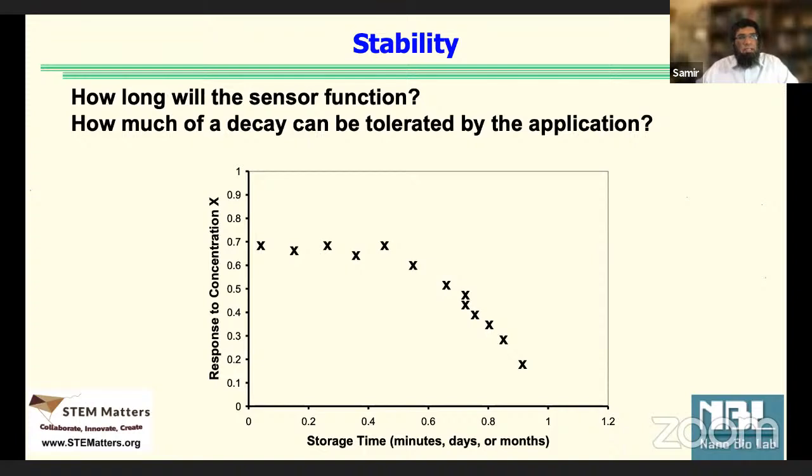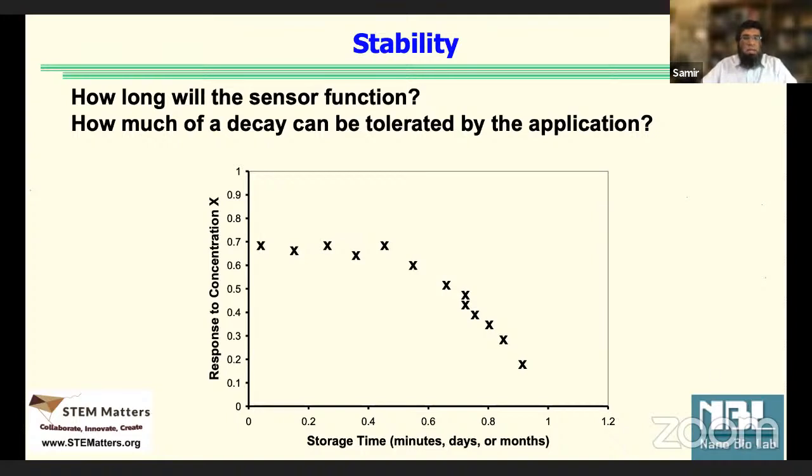But generally, stability is the degree of susceptibility to the changes around the biosensing platform. These could be changes in temperature, changes in pH, changes in other enzymatic activity. Can the sensor withstand all those things happening? Over time, these activities can cause a drift in the output signal, which means, remember, the curve can change.